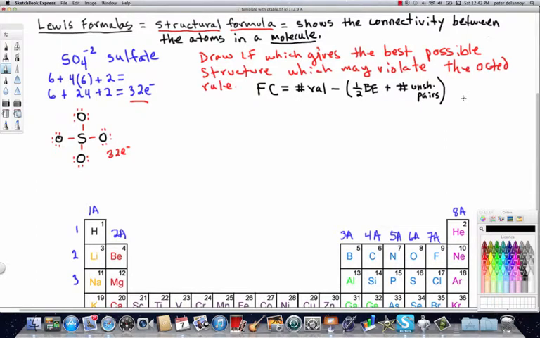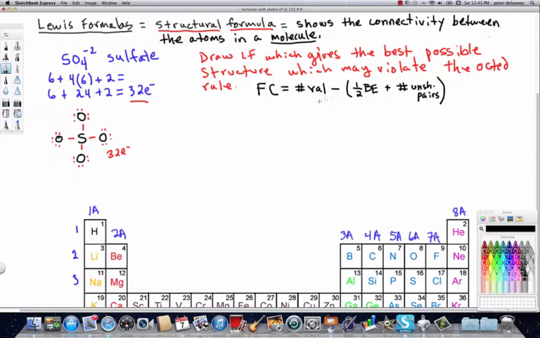And basically what this relationship tells us is it's giving us a sense for what the level of electron sharing is on a particular atom within a structure.